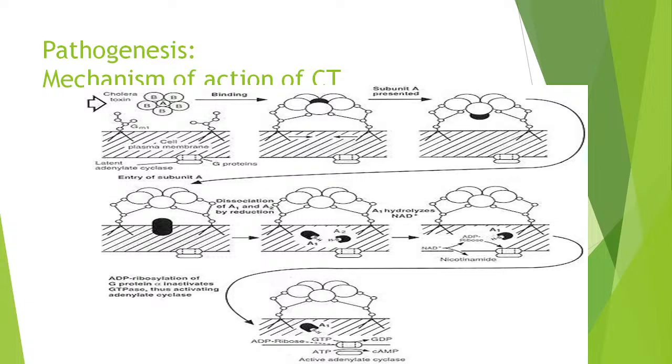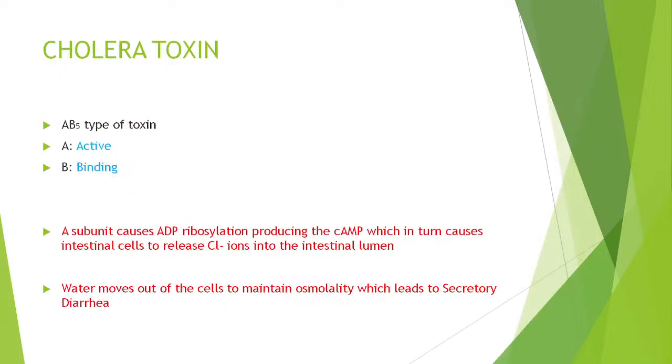It binds. It will release this active moiety into the intestinal epithelial cells. It will cause G protein ADP ribosylation, which leads to the activity of adenylate cyclase enzyme, which leads the intestinal epithelial cell to secrete large quantities of fluid. Okay. So this is the general virulence factor.